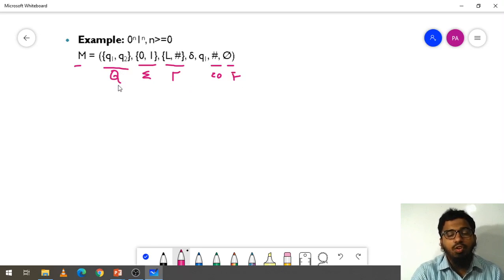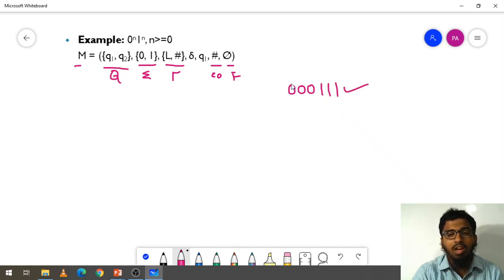So we need to take this and solve it. For solving this, first of all, what kind of symbol strings can be valid for this? Is 0 0 0 1 1 1 valid?